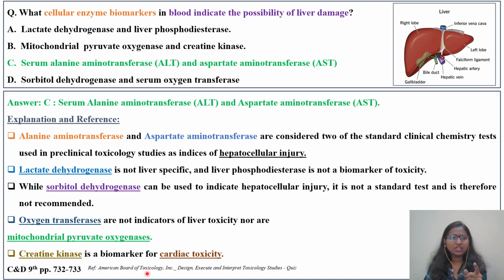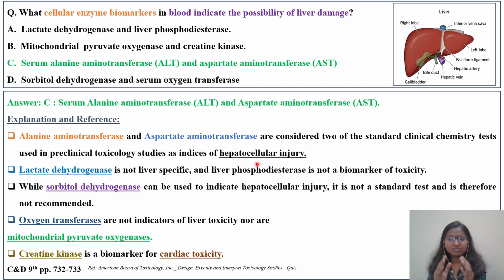So if you look into these two enzymes, alanine aminotransferase and aspartate aminotransferase, they are considered two of the standard clinical chemistry tests used in preclinical toxicology studies as indices of hepatocellular injury.